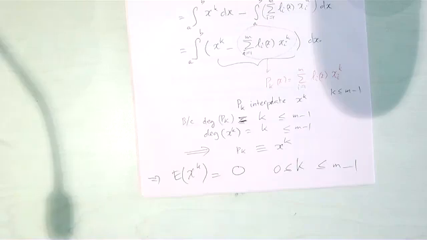So if you put in m points and the degree is m minus 1, yeah, then it has to be the same. So therefore, the error of x to the k just equals 0. So we proved this. So the degree of precision will be at least m minus 1, yeah.